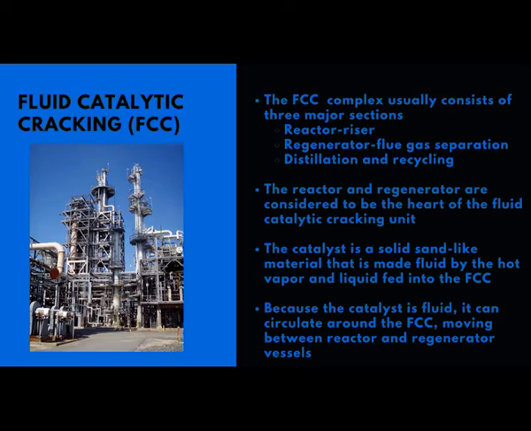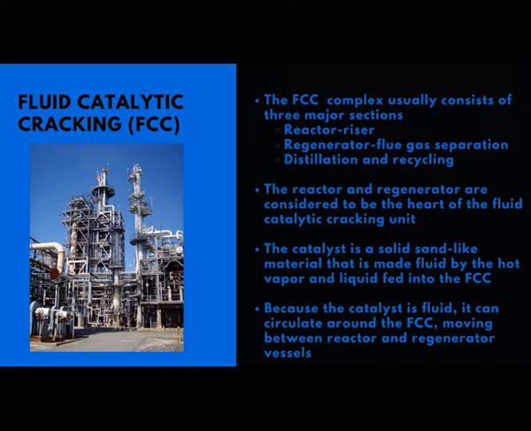In this process a large amount of heat is generated. That heat is utilized to produce steam. Of course the reactor temperature will be around 700 degrees centigrade, and that is why a lot of safety mechanisms are provided in the plant for any kind of eventuality. The third section is the distillation and recycling plant.